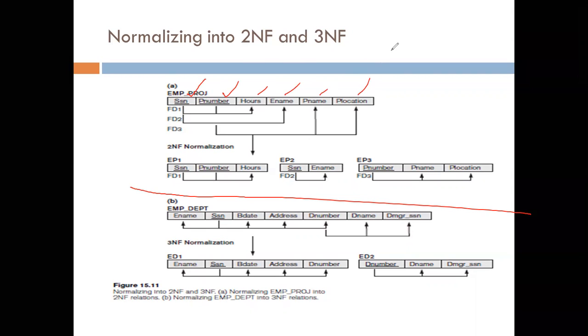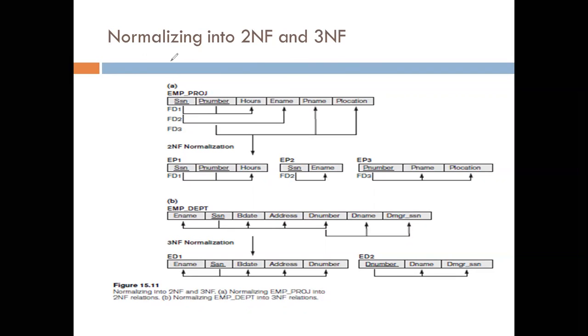So what is the functional dependency that exists over here? So this is just an example we have taken. So suppose we have such table in the employee company database: SSN, project number, hours, employee name, project name, location. So we have identified SSN and project number both together to be a primary key. Now hours. So on what does hours depend?